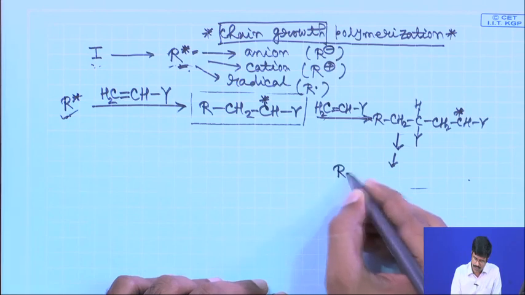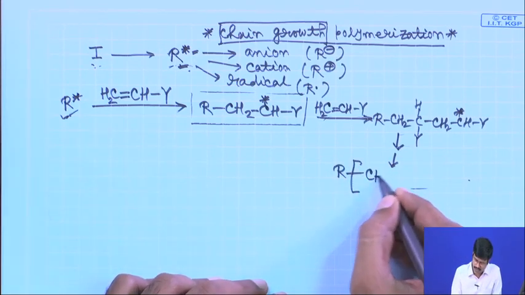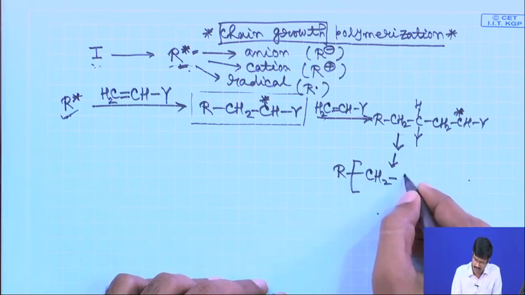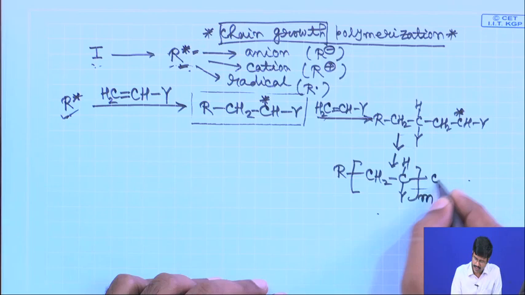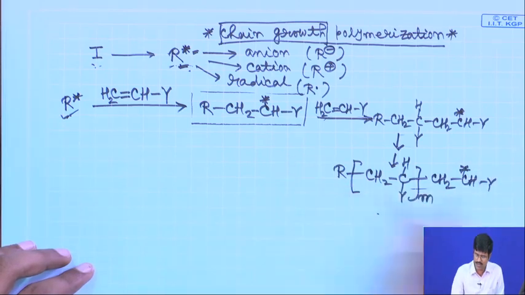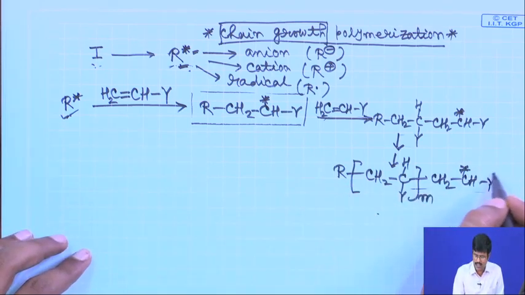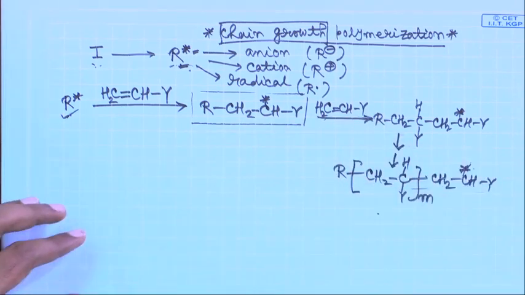Like this, you can draw the repeat unit, the complete polymer structure, like this: CH2 CHY. This will be the repeat unit M, and at the end of it you will have CH2 CHY star, and then somehow you may need to terminate this growing chain by scavenging this reaction center. Those things we will come to after.